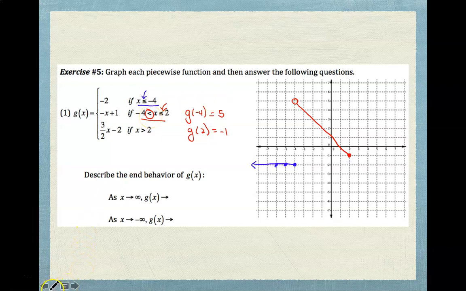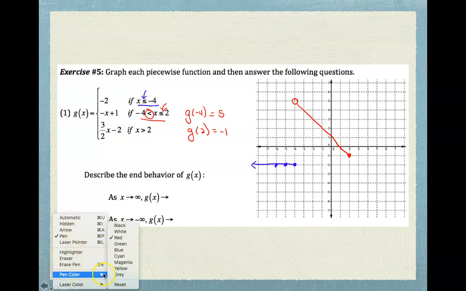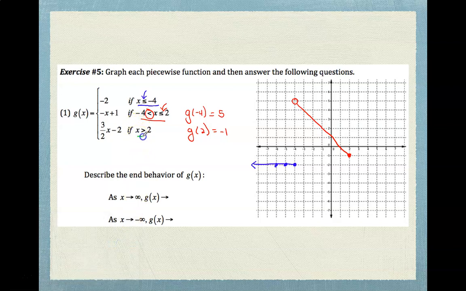The third piece, all right, is going to come from this last chunk. We're going to look at the domain x is greater than 2, strictly greater than. So I still want to find g of 2, but for this green spot. What happens if I plug 2 in right here?